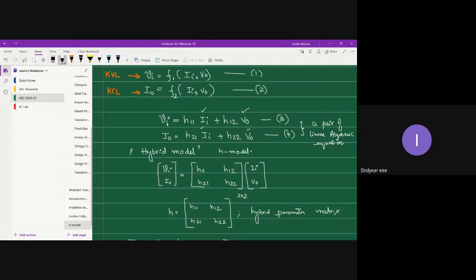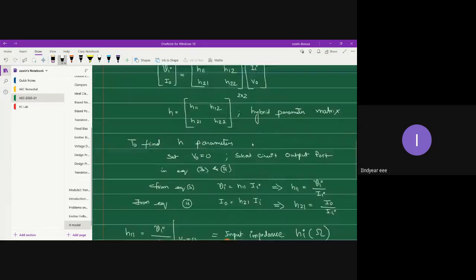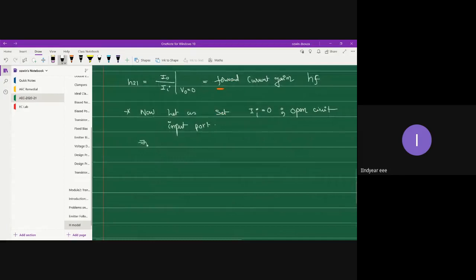Hence you will be left with Vi is equal to H12 into V0, and I naught is equal to H22 into V0. Okay, so from equation 3 we have Vi equal to H12 into V0, and I naught equal to H22 into V0.